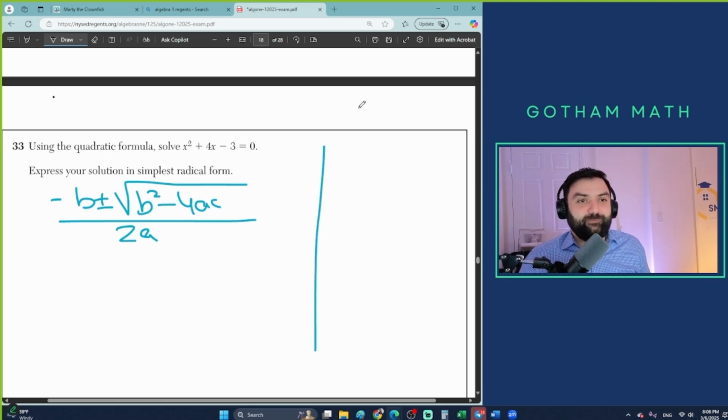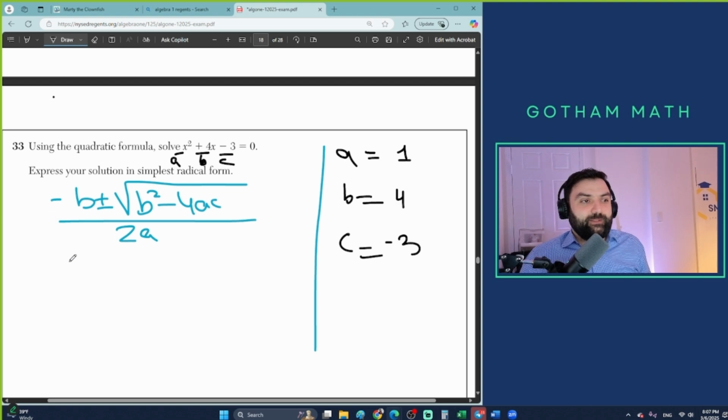So you need to know what a, b, and c are. The number in front of the x squared is a. Since there is nothing, it's 1. b will be positive 4, and c will be negative 3. And all we have to do is plug them into this formula.